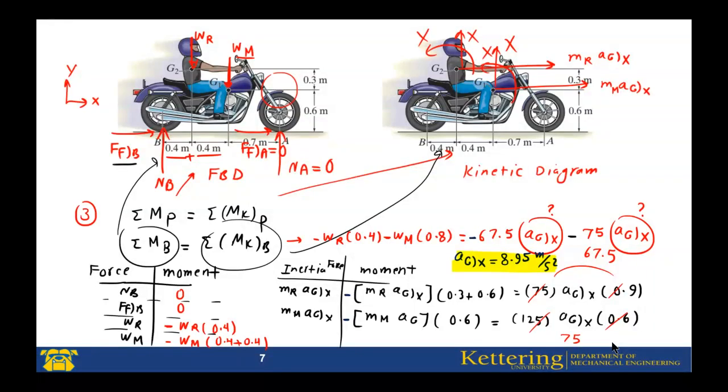I get that, but you're plugging the numbers you're finding from this equation into the other one. I just multiplied them together, 75 by 0.9, and I get that. But what you have up here is negative WR times 0.4, and you put the number from MR times 0.9 in, and I don't get how that would make sense.